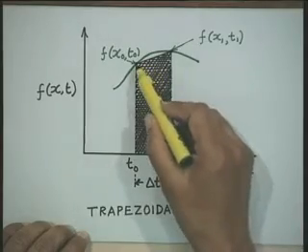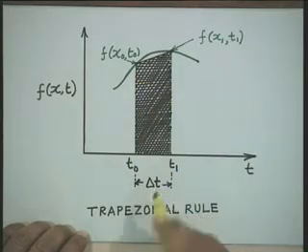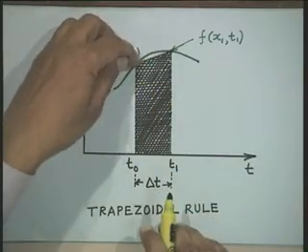Now, this area under the curve can be approximated by the area of this trapezoid. The only error caused is a small error.